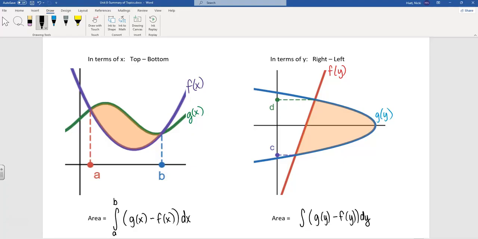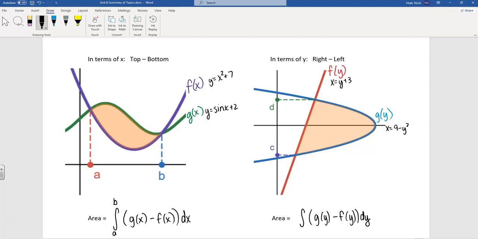Right. So these equations need to be x equals something, like x equals y plus 3. And this might be x equals 9 minus y squared, right? It's going to be x equals equations. Whereas here, it might be something like y equals sine of x plus 2. And this might be y equals x squared plus 7, right?